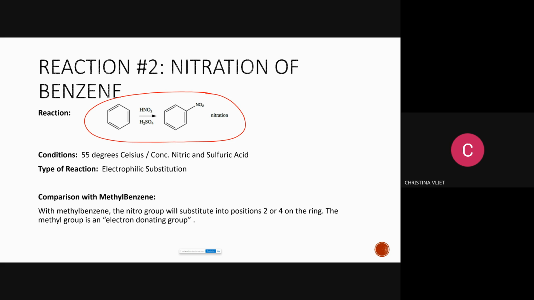You mix that all together and you can nitrate a benzene. I wonder why the production of TNT could be dangerous. Because remember, we said TNT has those nitro groups on it. So this is actually kind of a dangerous reaction to run. I would not run this in a backyard. I would not run this in my lab either.